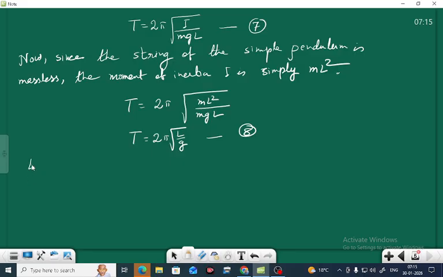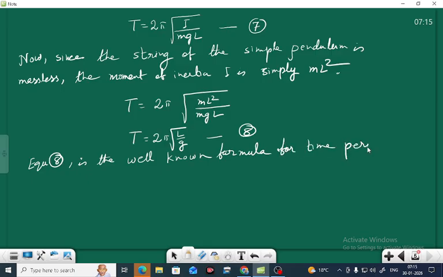So equation 8 is the well-known formula for the time period of a simple pendulum.